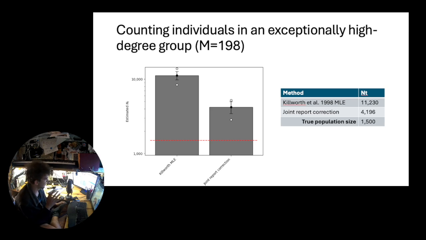So that one, you can identify that there's a problem from comparing our method to the Killworth MLE. You would be able to see that these are significantly different, so maybe we should be considering that mean degree is significantly different between these groups, impacting the estimate.